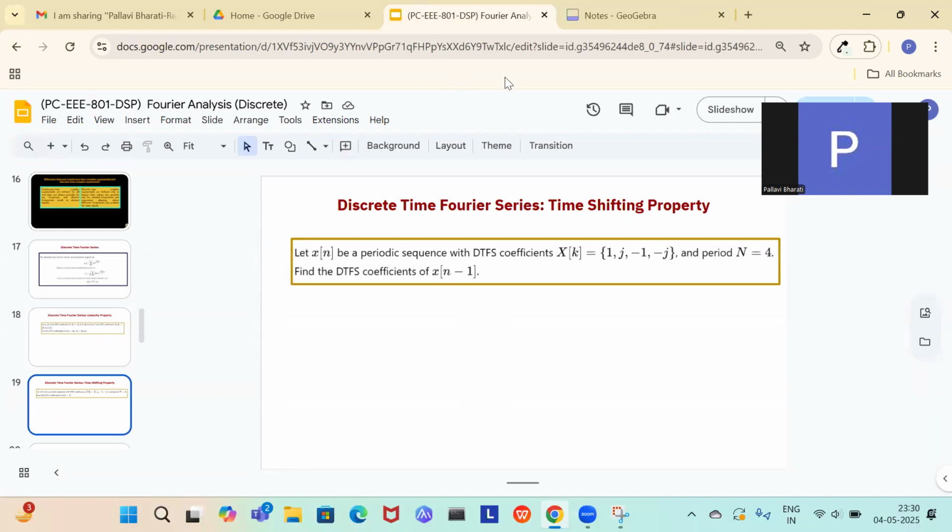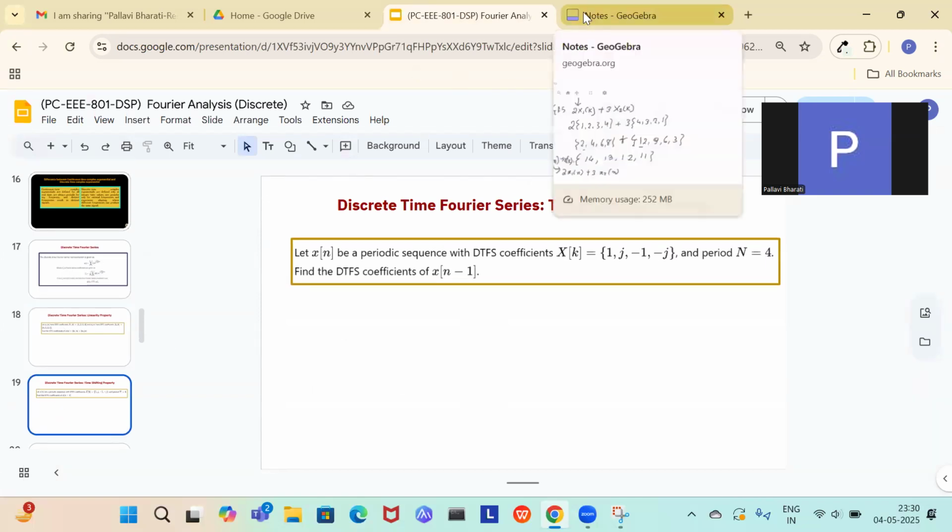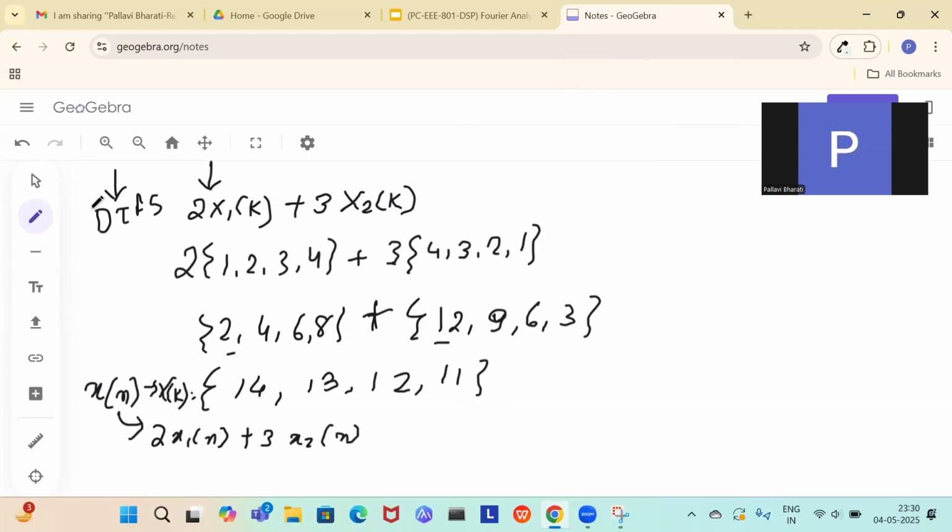And the next one is your time shifting property. First, let us see what is the time shifting property, and then we'll do the numerical on this one.